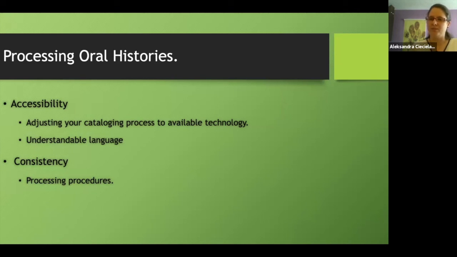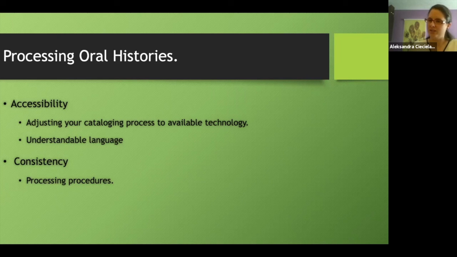So you can re-examine and rethink what kind of software or program my institution is using right now. How do I see oral histories in my collection? Am I going to treat them as an object, an artifact? Am I going to create a completely separate catalog, a separate way of processing just for oral histories?